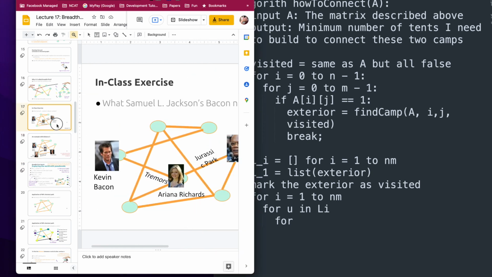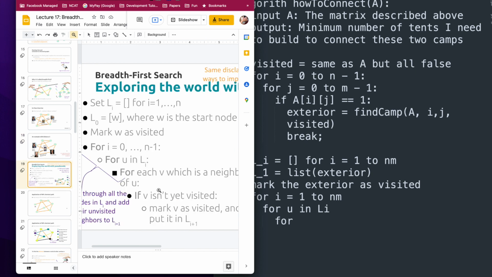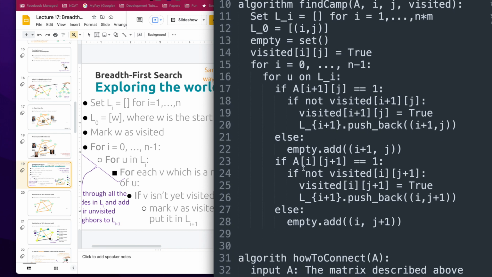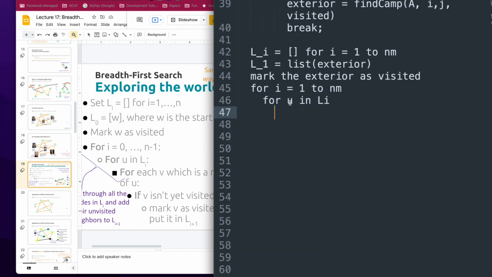So this is where it gets, again, a little bit different. We want to modify this algorithm where a neighbor for us, in this case, is adjacent spaces that are empty. So that's going to be a neighbor for us. You can imagine doing something similar to this, where we check all 4 neighbors of U. So let's say this is (i, j).